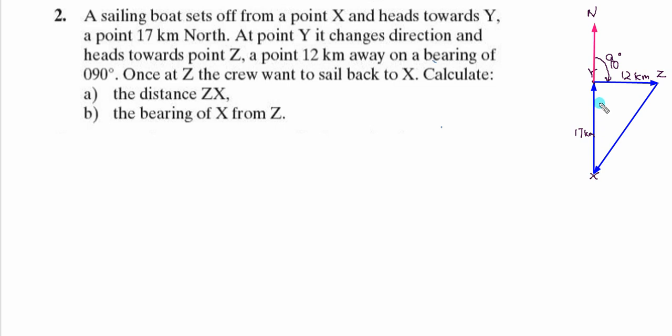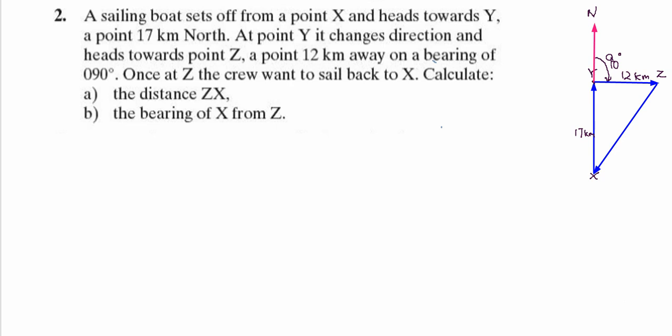From X, you sail north to Y, which is 17 kilometers from X. When you reach Y, you set sail on a bearing of 90 degrees. 90 degrees means at point Y, you draw a line pointing north, and you go clockwise 90 degrees. So you set sail at this angle towards Z, which is 12 kilometers away from Y. Then from Z, he's going to sail back to X.